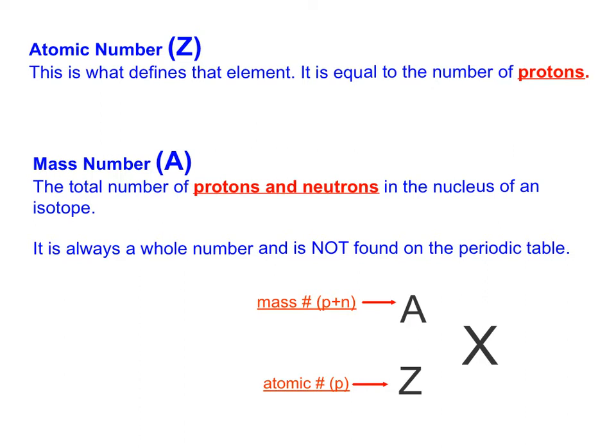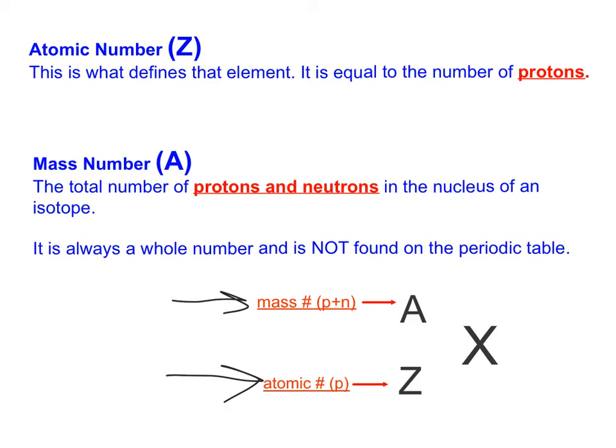We use these numbers in conjunction with our symbols in order to very quickly and very clearly tell scientists, here's what element this is, here's the mass of that element. Okay, so my mass number will always be on top. My atomic number will always be on bottom.